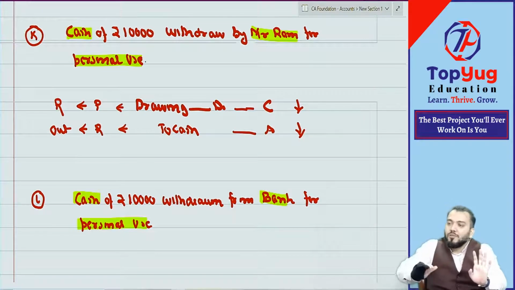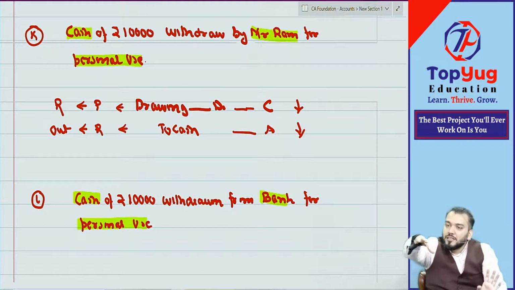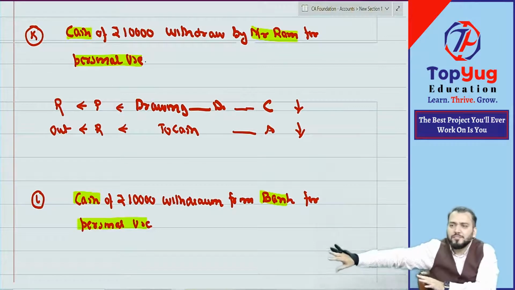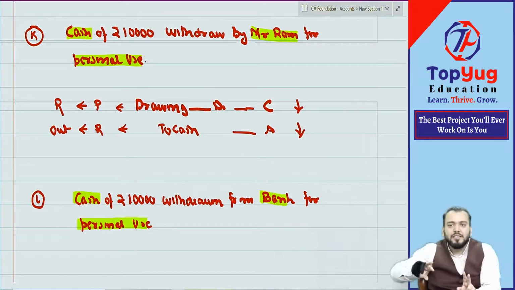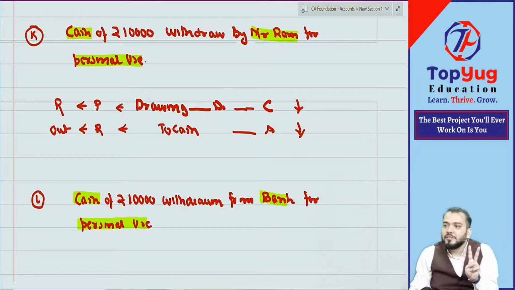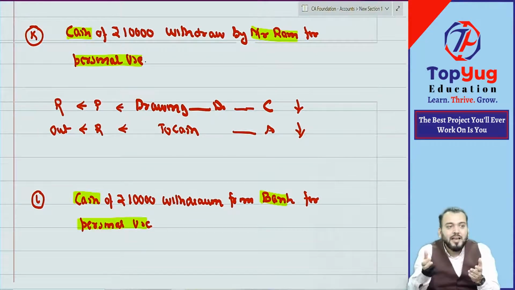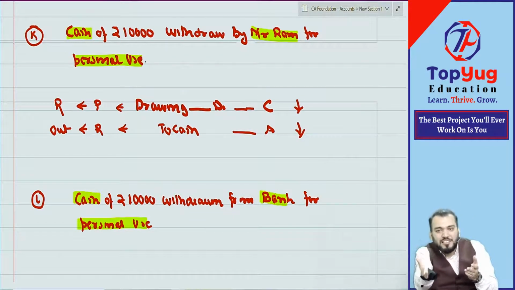Ram will go to bank. From bank, he will collect some amount, and bank will give some cash, and he will use it for personal purpose. No. समझो फिर से. Ram went to the bank and has withdrawn some amount.